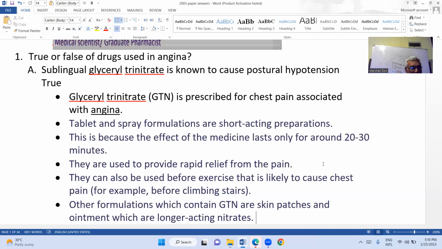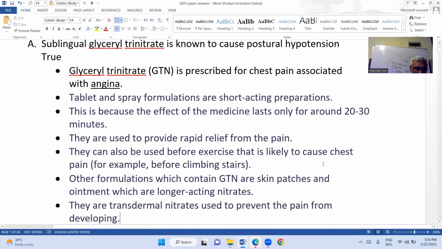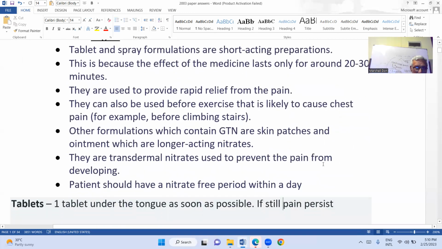Tablet and spray formulations are there. It is very quick action and it is finished also quickly. Very short acting. Rapid relief to the pain.